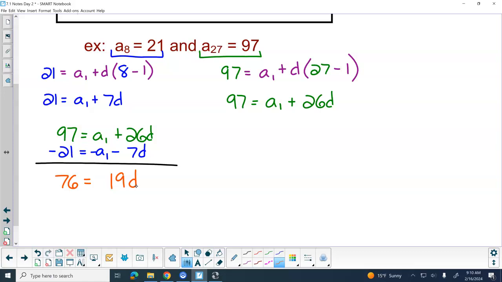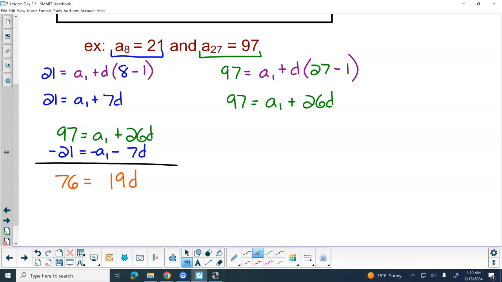If 76 equals 19d, then what is d equal to? 76 equals 19d. What is d equal to? 4. How'd you get that?